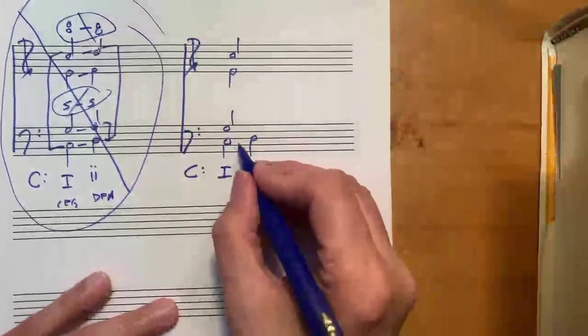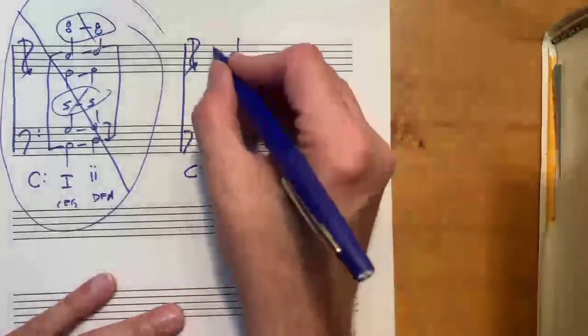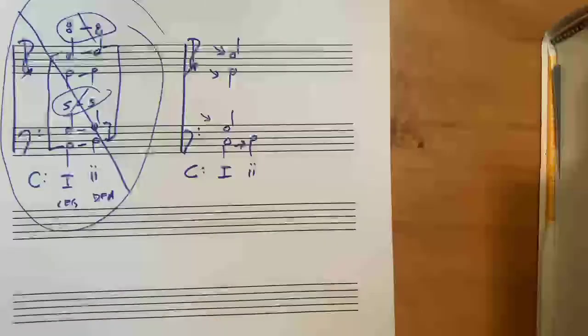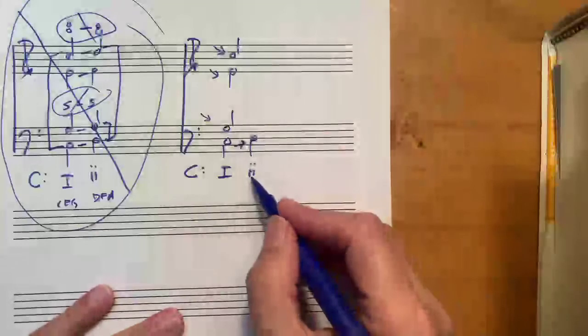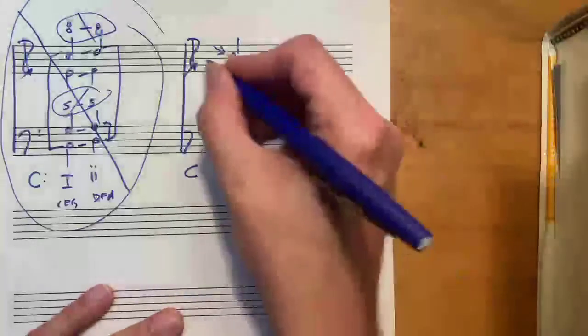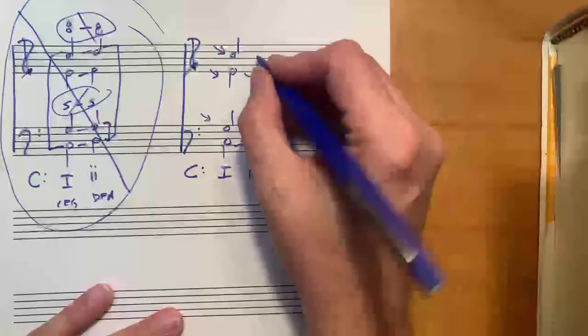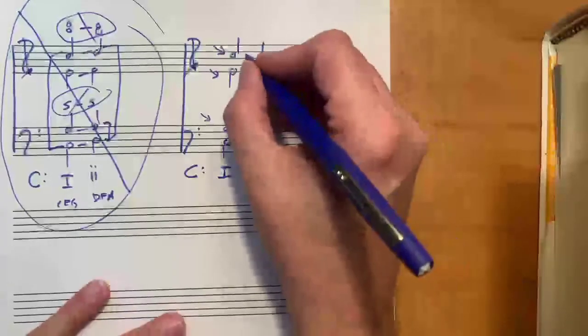Okay, remember this steps up. Contrary motion means the upper 3 voices are going to go down to the next chord tone. So here we've got D, F, A, G will go down to F, E will go down to D, C is going to have to leap down to A.